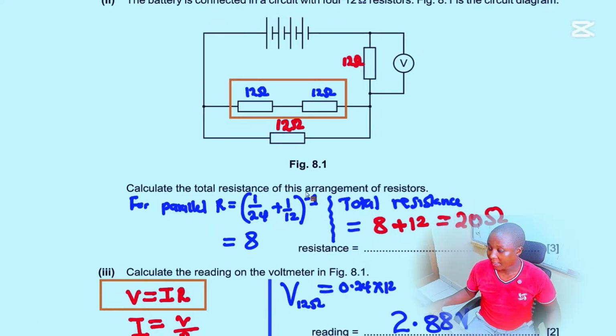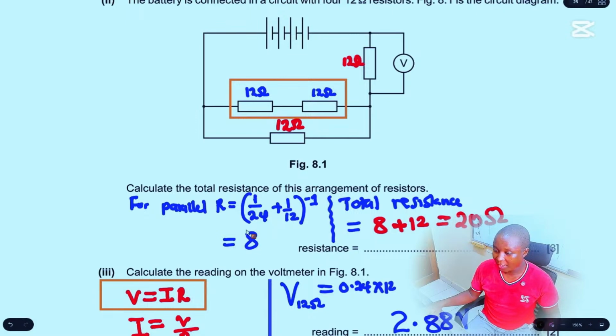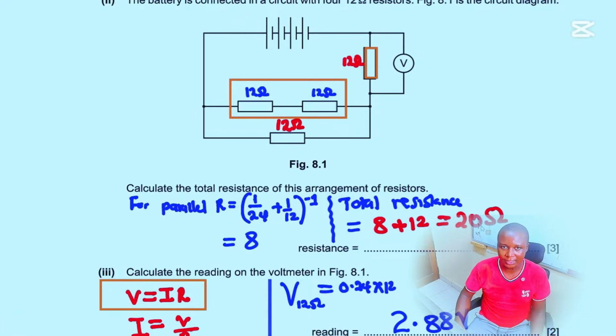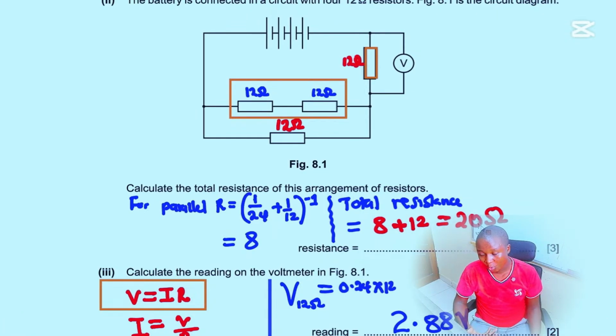In this case, we have 8 ohms. But now, this combined 8 ohms is in series with the other resistor at this point. So we add 12, so we have 8 plus 12, and the total effective resistance for this circuit is 20 ohms.